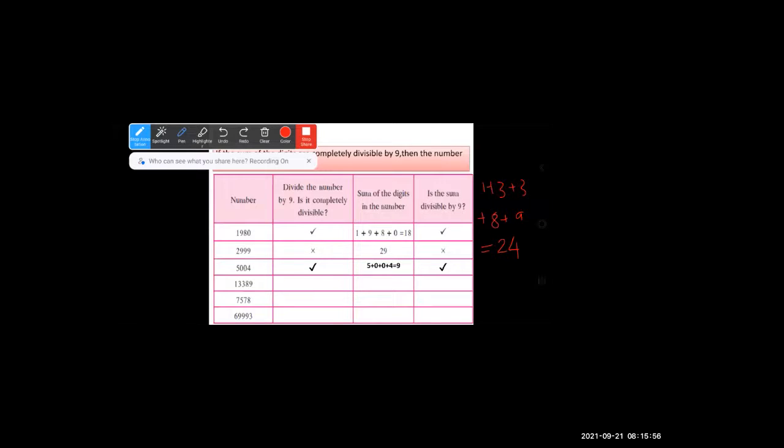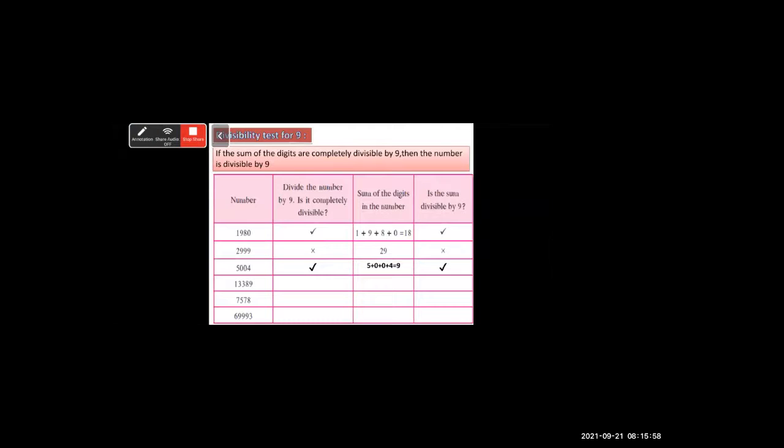And you all know that 24 does not come in the table of 9. So if it does not come in the table of 9, we will say directly that the number is not divisible by 9. Is this clear to all of you?